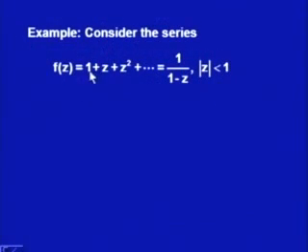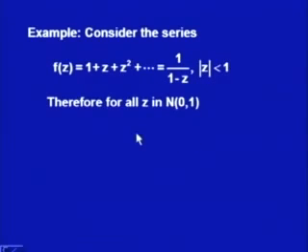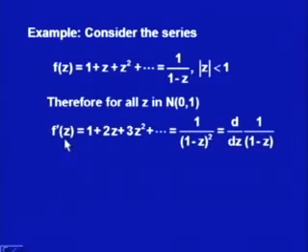f(z) is equal to 1 plus z plus z squared and so on, and we know that this is 1 upon 1 minus z when modulus z is less than 1. Therefore, for all z in this neighborhood centered at z equal to 0 and radius 1, we can find f'(z) equal to 1 plus 2z plus 3z squared and so on, and we know that this series is nothing but 1 upon (1 minus z) whole squared, which is nothing but d by dz of 1 upon 1 minus z.